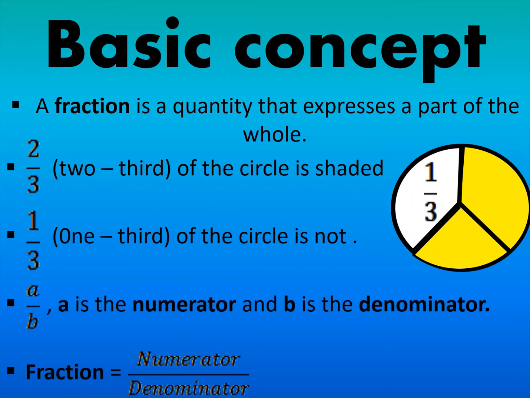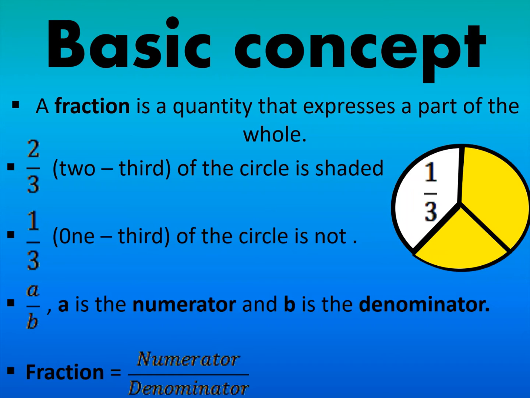So here, students, we shall talk about the basic concepts of a fraction. A fraction is a quantity that expresses a part of the whole, as you can see in the circle. This circle is a whole.